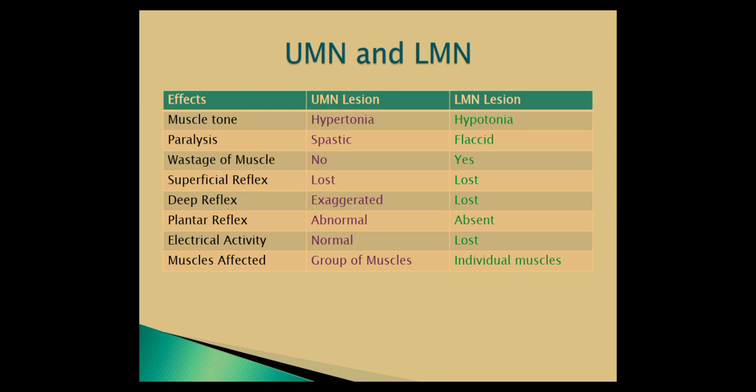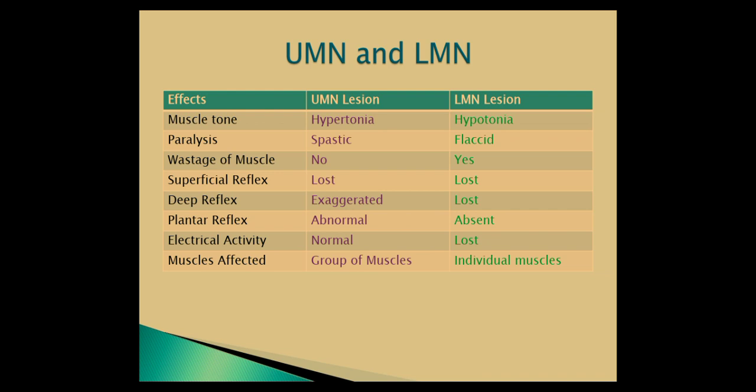Whenever an upper motor neuron or lower motor neuron lesion occurs, what effect do they produce in our body in different functions? First, the muscle tone. Whenever the upper motor neuron is lesioned, there is hypertonia, increased tone, and whenever the lower motor neuron is lesioned, we see hypotonia; the tone of the muscle is reduced.